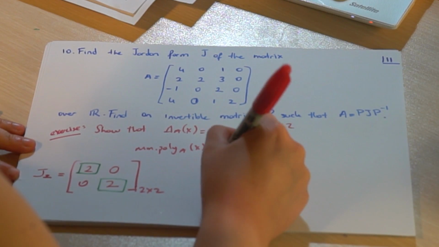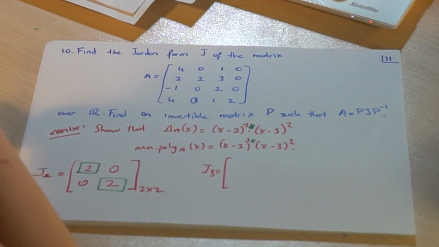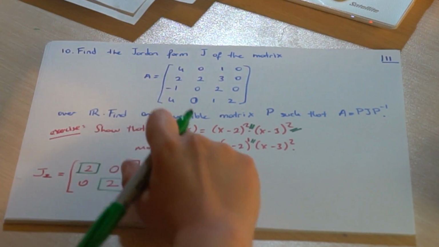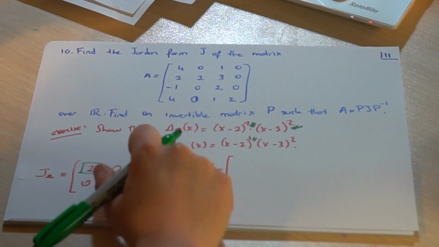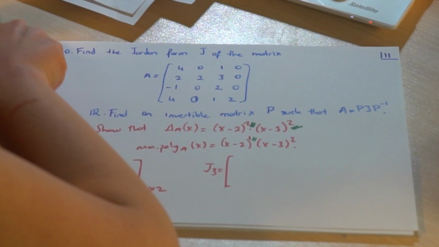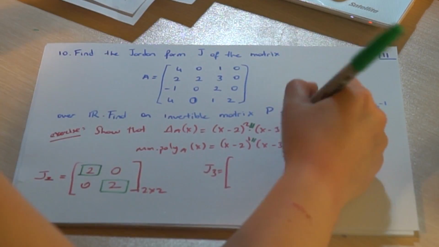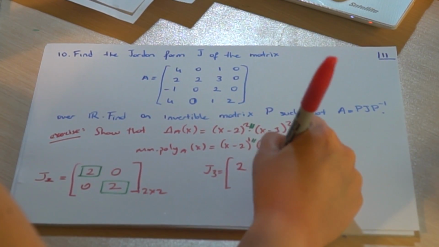So this is the Jordan form of 2. Now let's find the Jordan form of 3. Now 3 has again degree 2 in the characteristic polynomial, x minus 3 squared. In the minimal polynomial we have again degree 2, right? So we should have a 2 by 2 block.